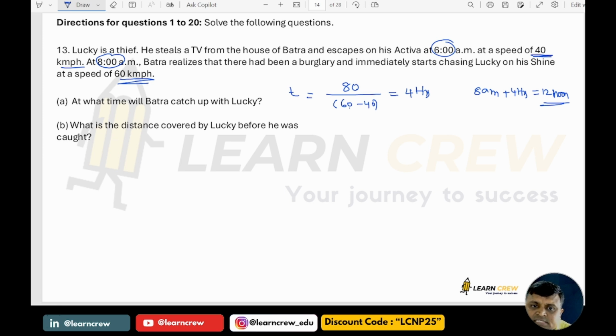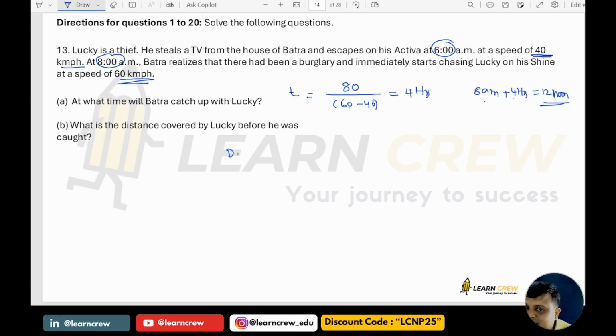What is the distance covered by Lucky before he was caught? So from 8 a.m. it is taking 4 hours, right? So what is the distance covered by Lucky before he was caught?